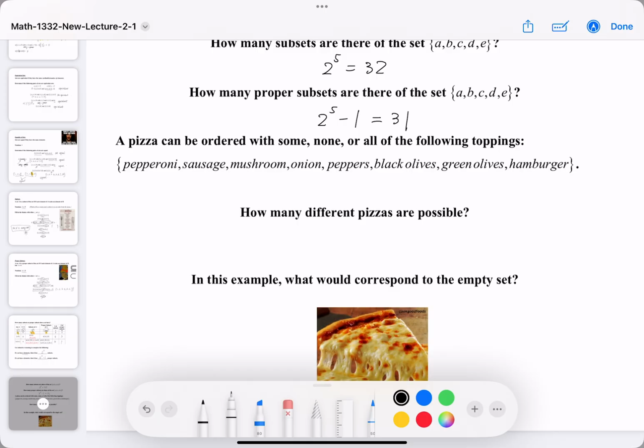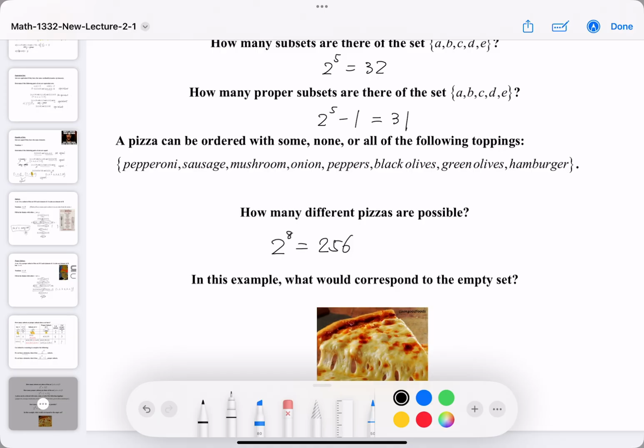How many different pizzas are possible? What is it asking for? It's asking for the subsets. So the number of subsets is 2 to the 8th, which is 256. So if we want to order some, none, or all of the toppings, we have 256 possibilities.